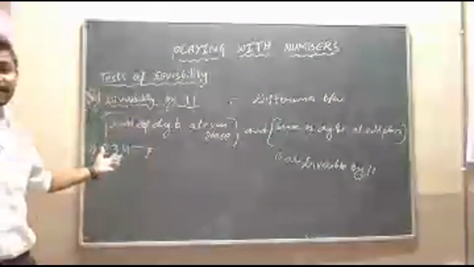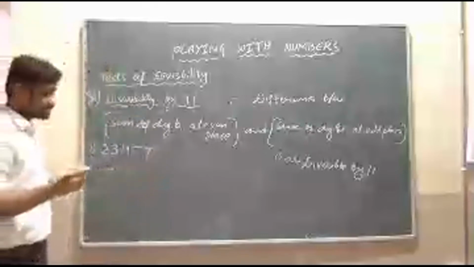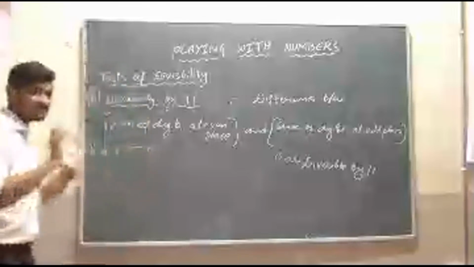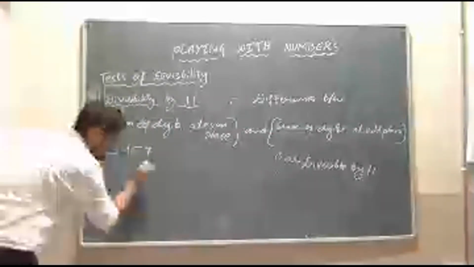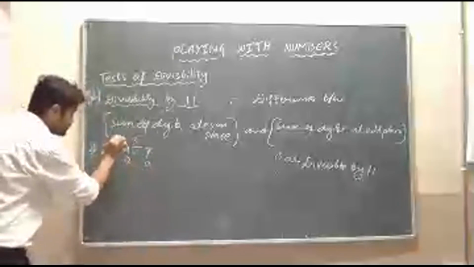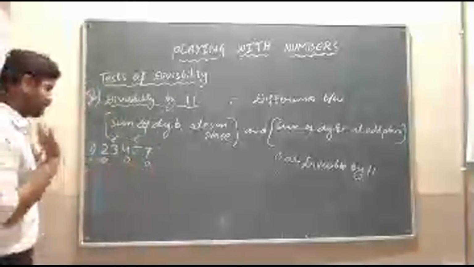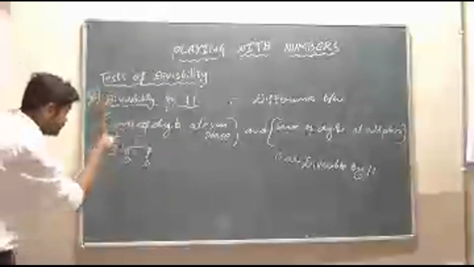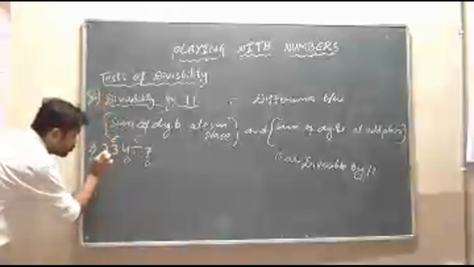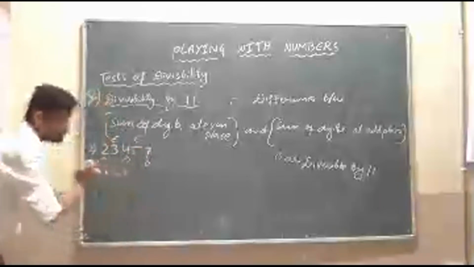We have to check whether this number is divisible by 11 or not. First, what we have to do is separate the odd numbers and even numbers. Odd, even, and odd. Whatever the number of digits, we have to do it like this from the right hand side. That is, odd numbers are 2, 4, 7. That is 2 plus 4 plus 7.